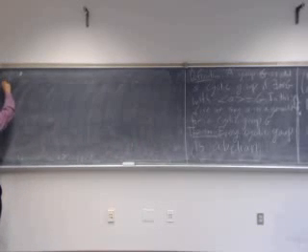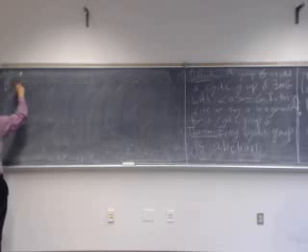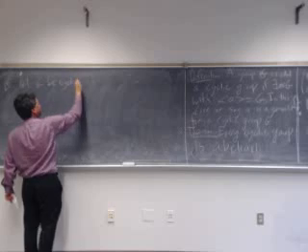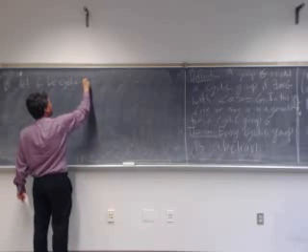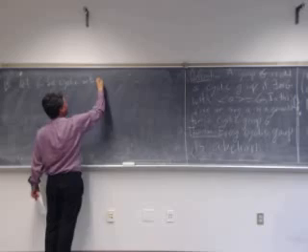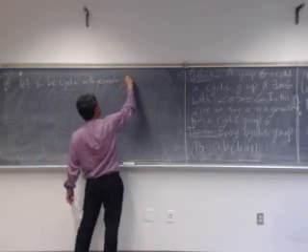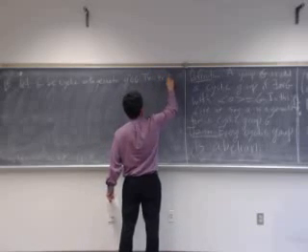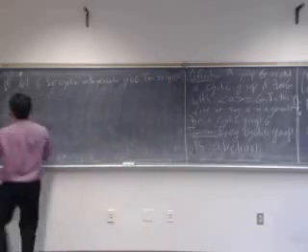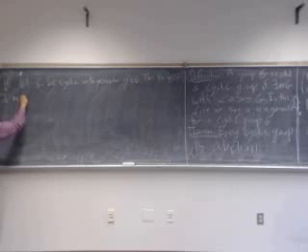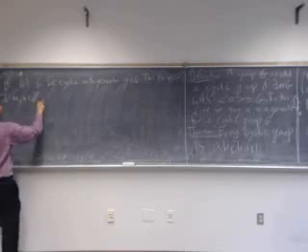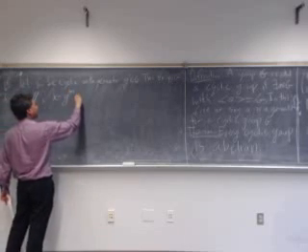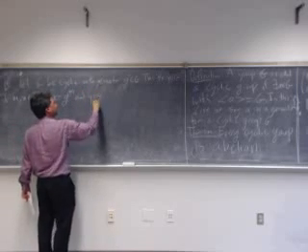Proof: let G be cyclic with generator g. Then for all x and y in G, if it's cyclic, we have a couple of integers m and n in Z, just like before. For x, maybe I'll switch what I call it now, is g to the m, and y is g to the n.